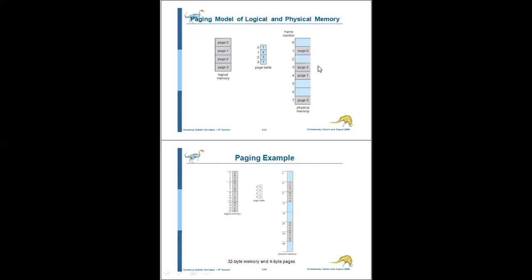So, what is a process? What does the process size mean? The size of a process can be measured in number of pages. Processes are, for example, P1, P2 and P3.